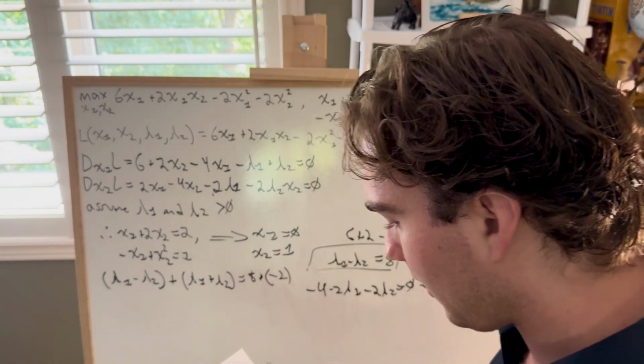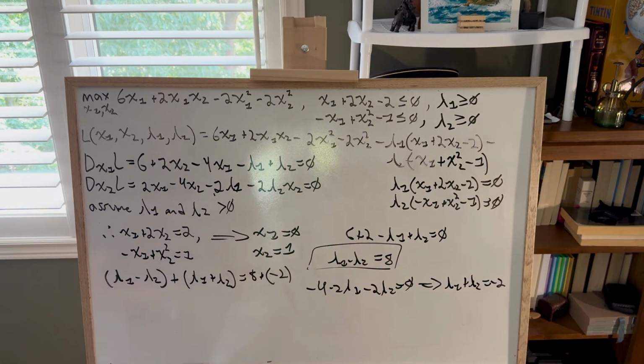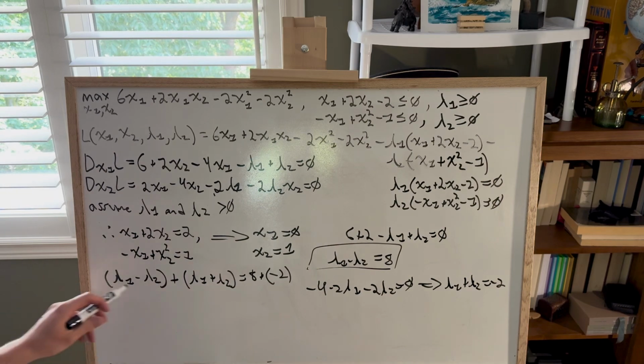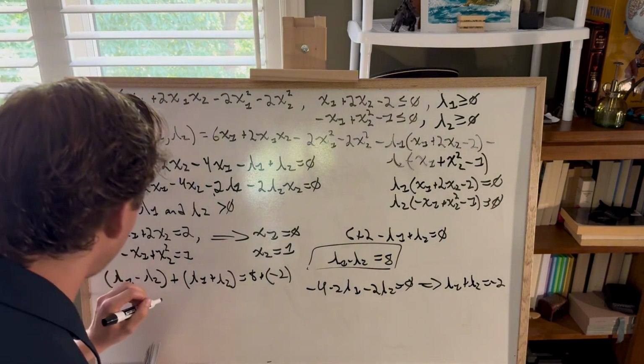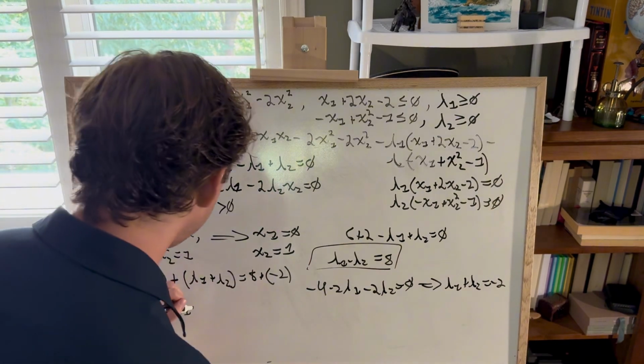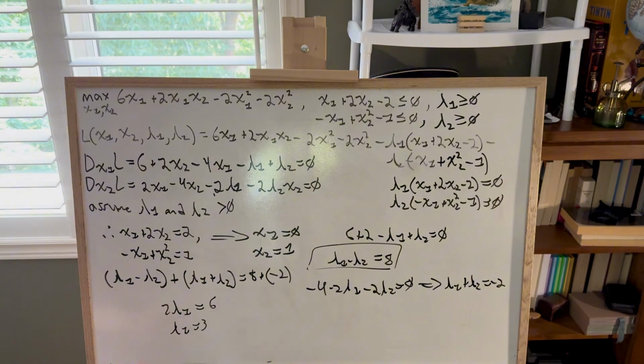We're just going to finish this off. So this is going to get rid of our Lagrangian 2. You're going to be left with this equals 6. And so Lagrangian 1 is going to equal 3.